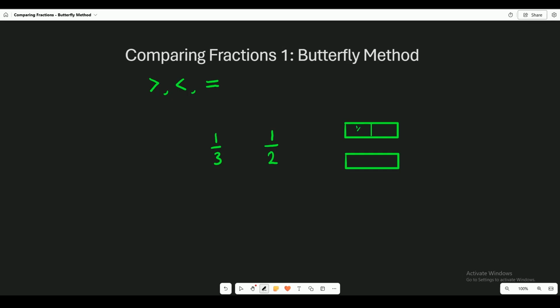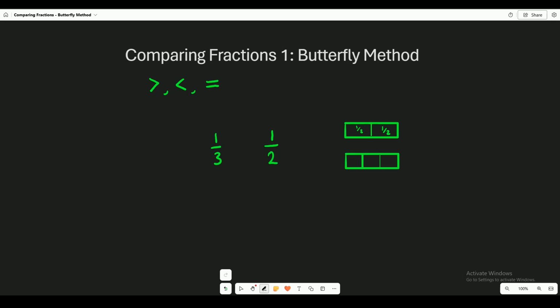So here I have a half, and here I have a half, and this whole thing makes one whole. I'm going to split this bar down here into thirds. So here's 1/3, and here's another third.